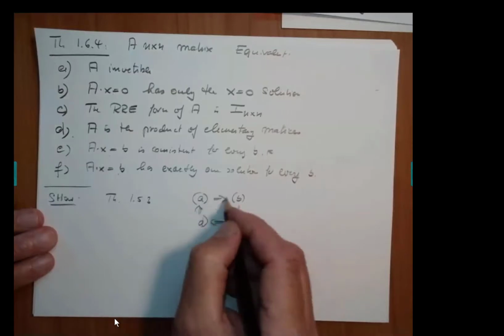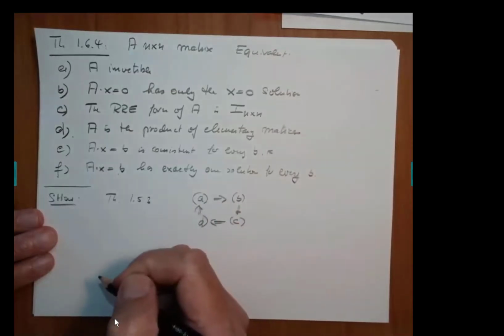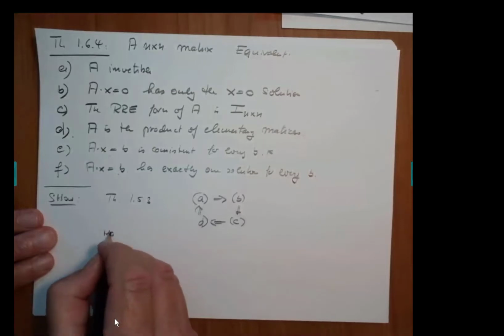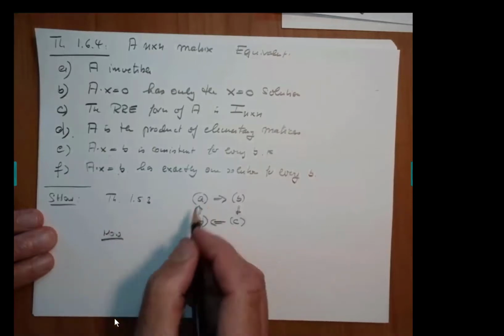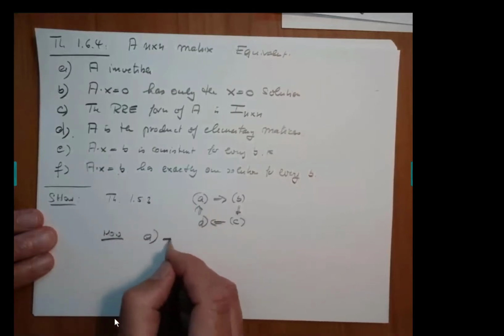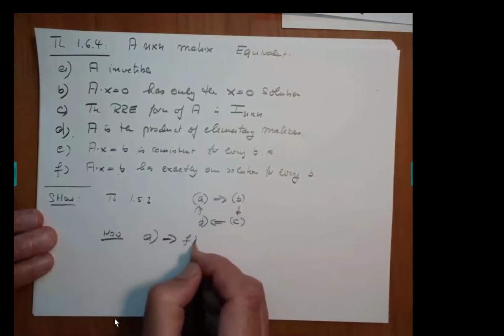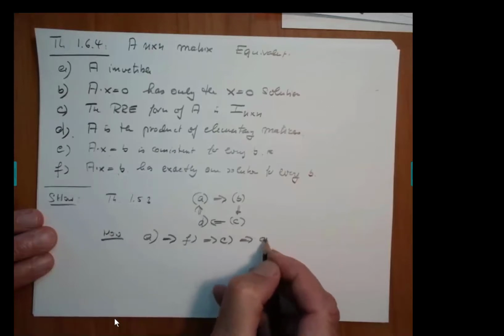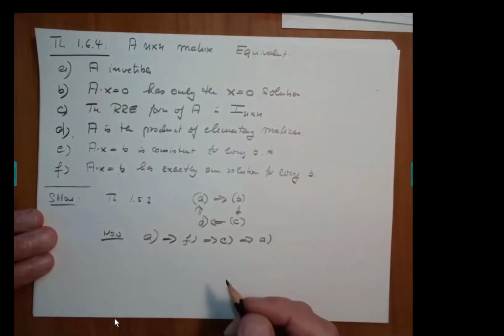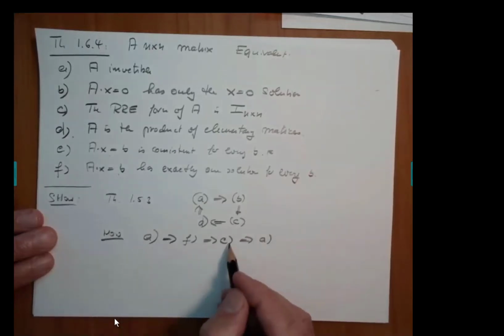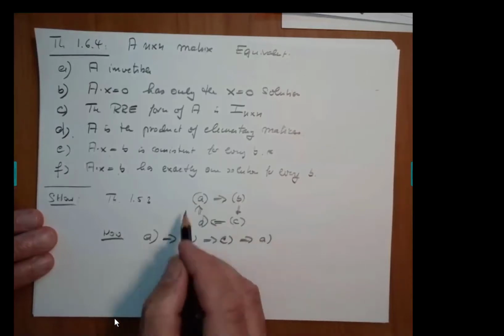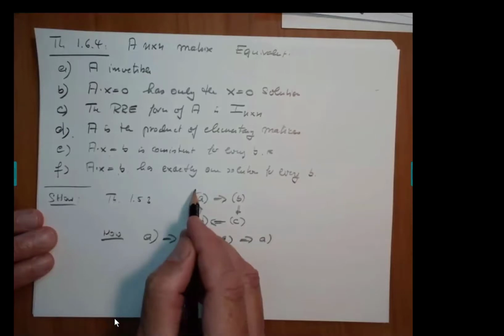So that was 1.53. And now we actually make a detour from here. We say A implies F, implies E, implies A. We only need to come back from E to any of these because they're equivalent, but we just make here another circle.